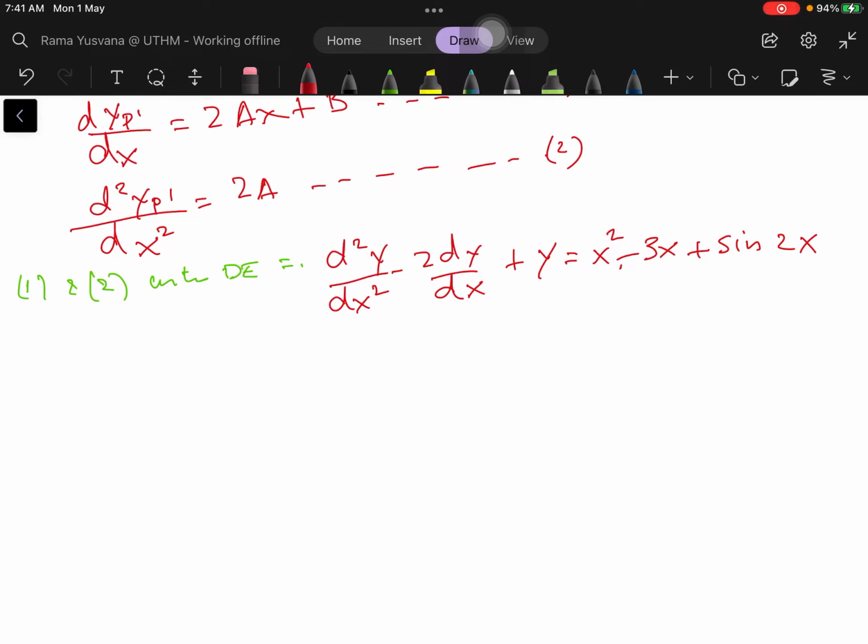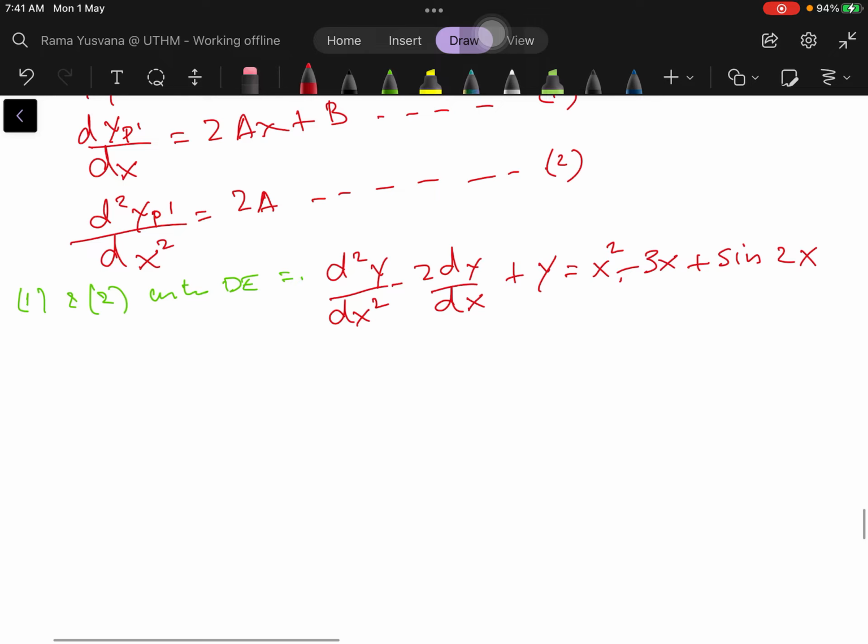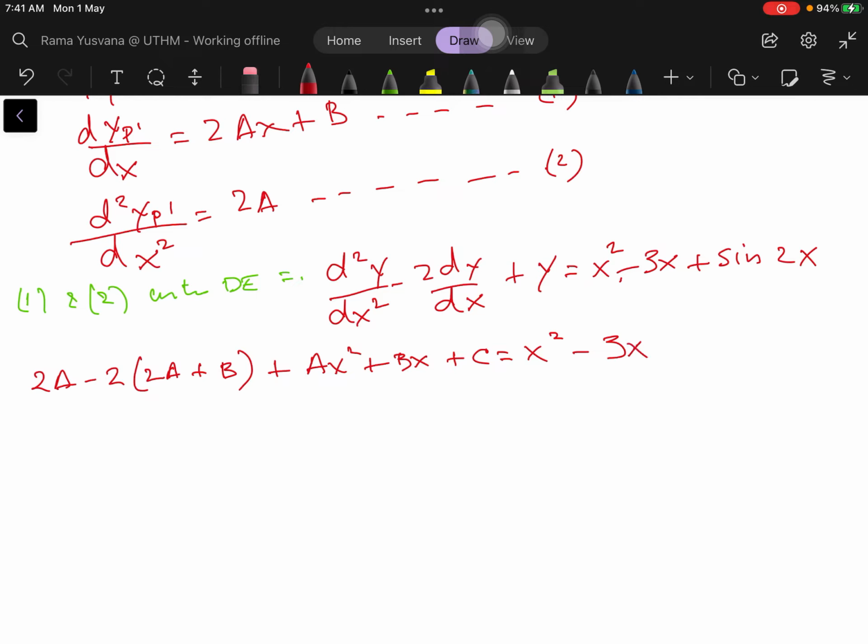So if we plug this, you will get second derivative is 2a minus 2a plus b plus y is ax square plus bx plus c equals to x square minus 3x.